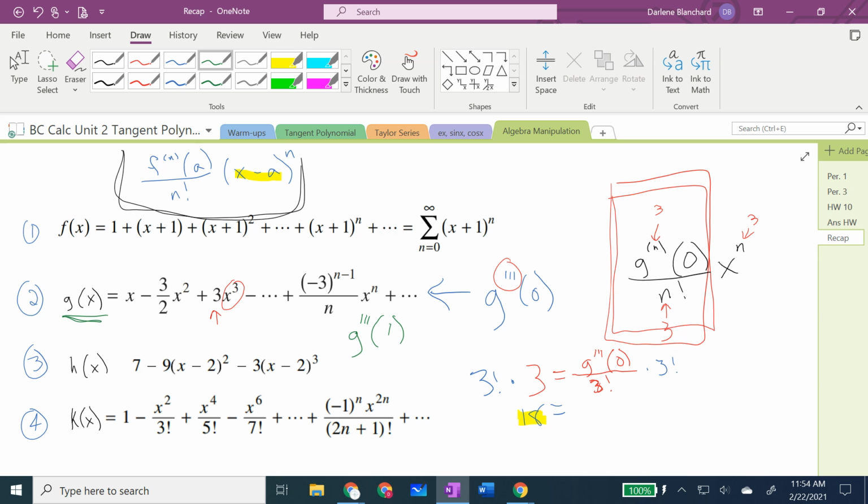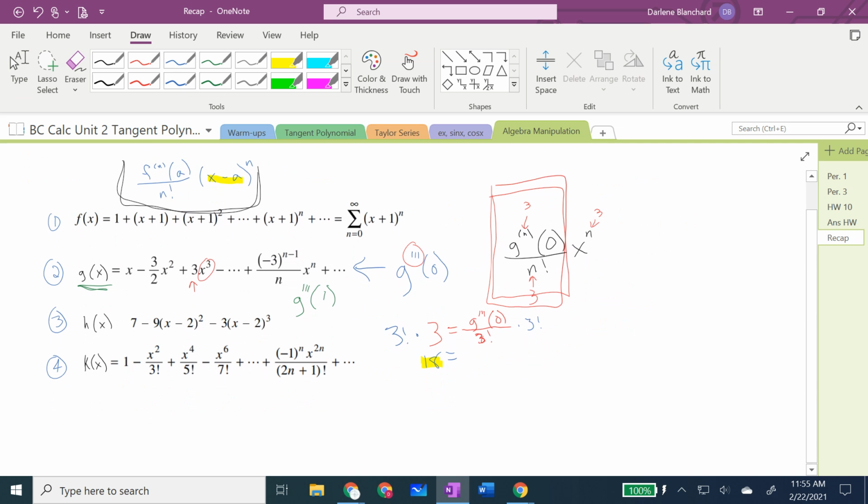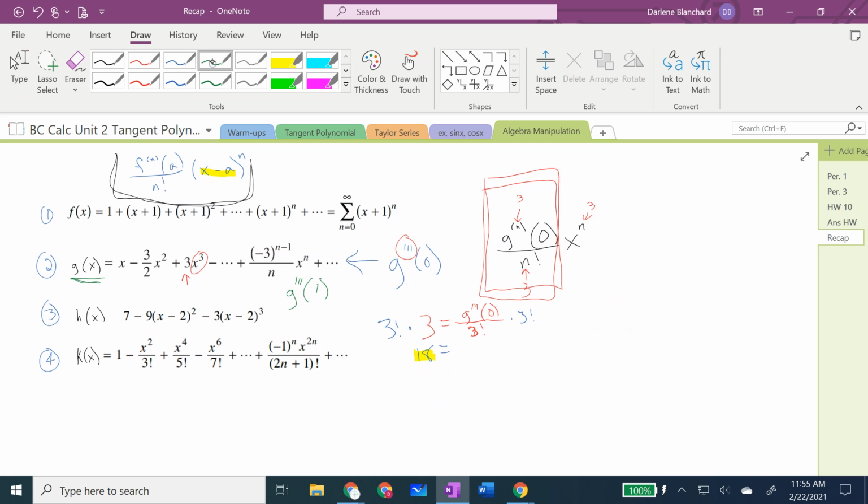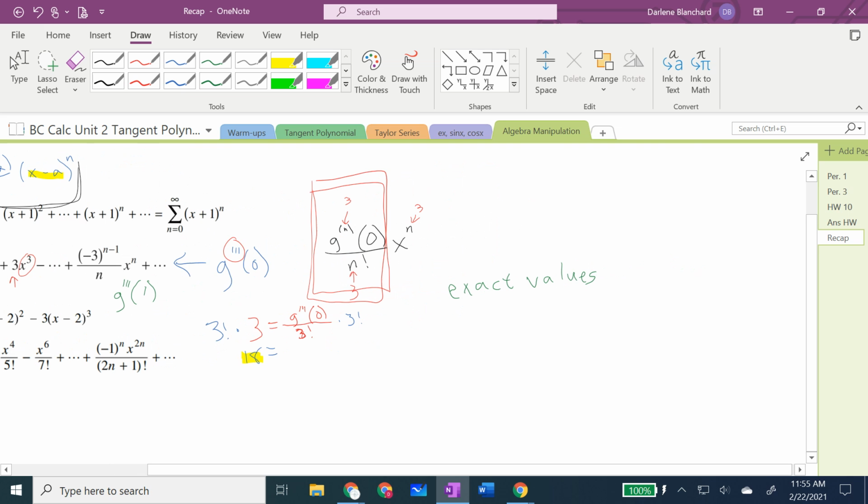And so with that, the answer would be you can't. I've seen this show up on free response problems in the deep past. So you can only find exact values of a function's derivative of any order at the center.